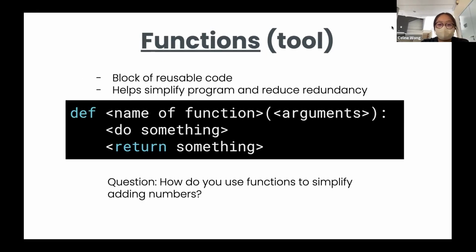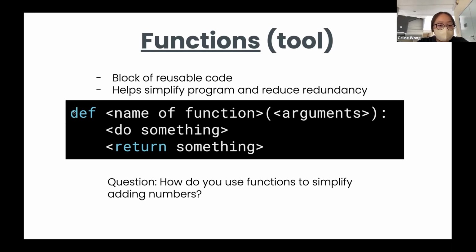So what are functions? You can think of functions as a tool. It's like a block of code that you can use over and over again in your program. It helps shorten the program and reduce repetition. The syntax for functions is very simple.